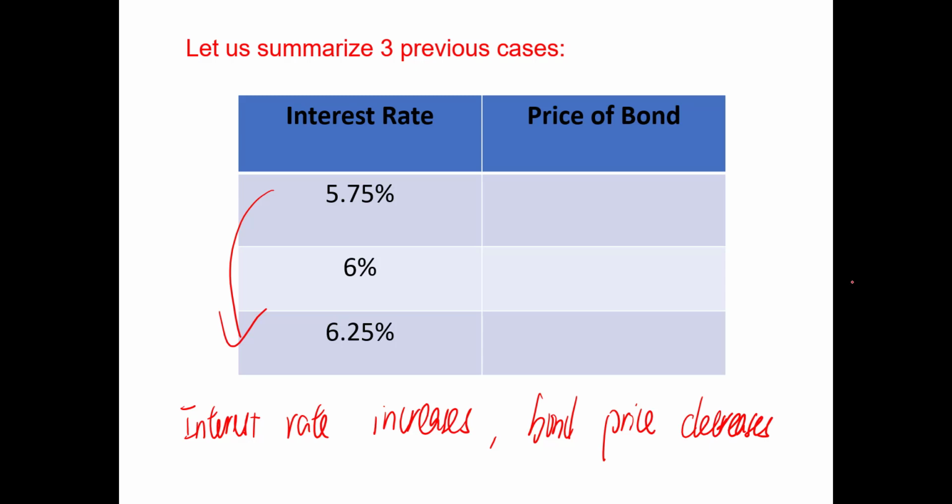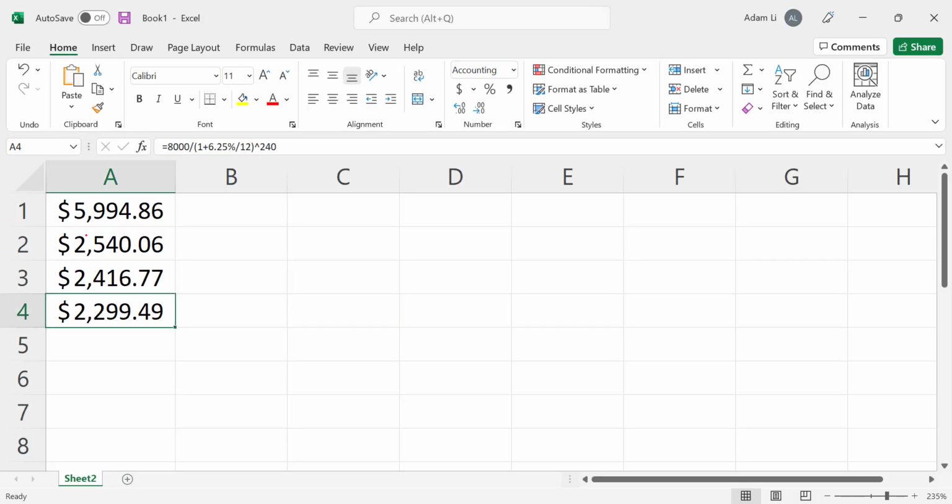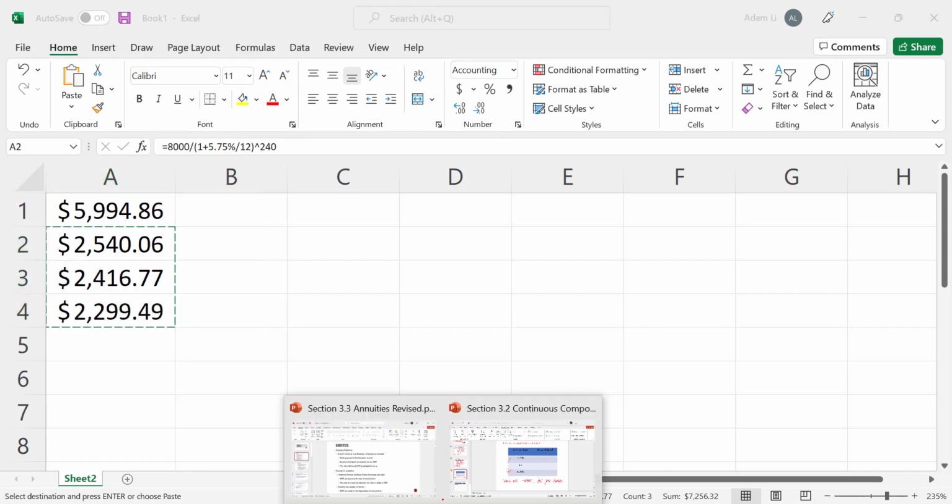You can easily get all these bond prices from Excel. The first bond price is, just try to copy these three here.